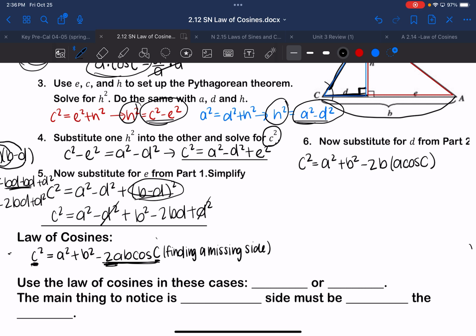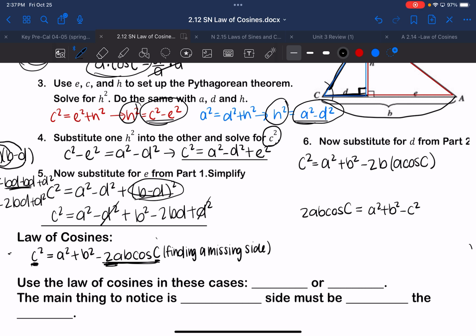We would subtract this one because it's positive. Okay? So then I would have 2ab cosine of c on the left, now that I've added it, is equal to a squared plus b squared minus c squared, because you guys said we would have to subtract c squared to move it to the other side, right?